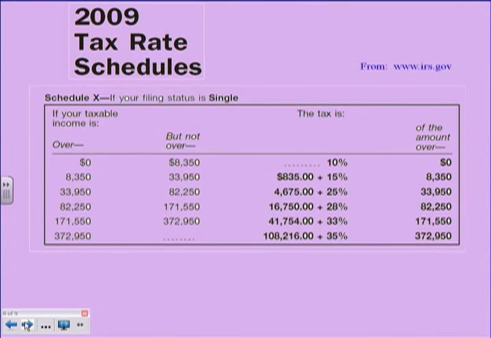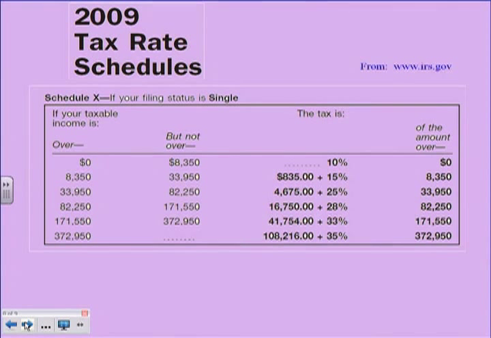You're going to pay 10%, okay, of the amount over $0. So, if your taxable income after those personal exemptions and deductions is $0 to $8,350, you're paying 10% of your taxable income in taxes to the federal government.